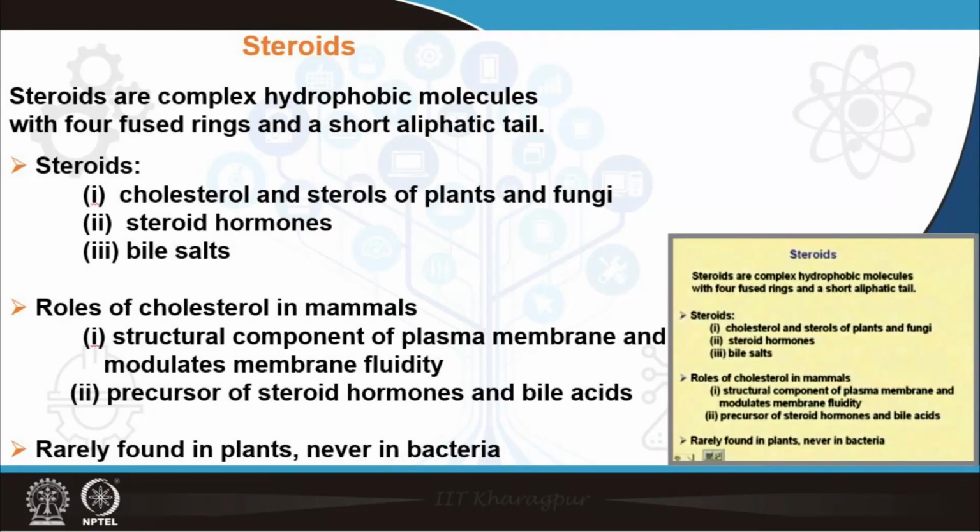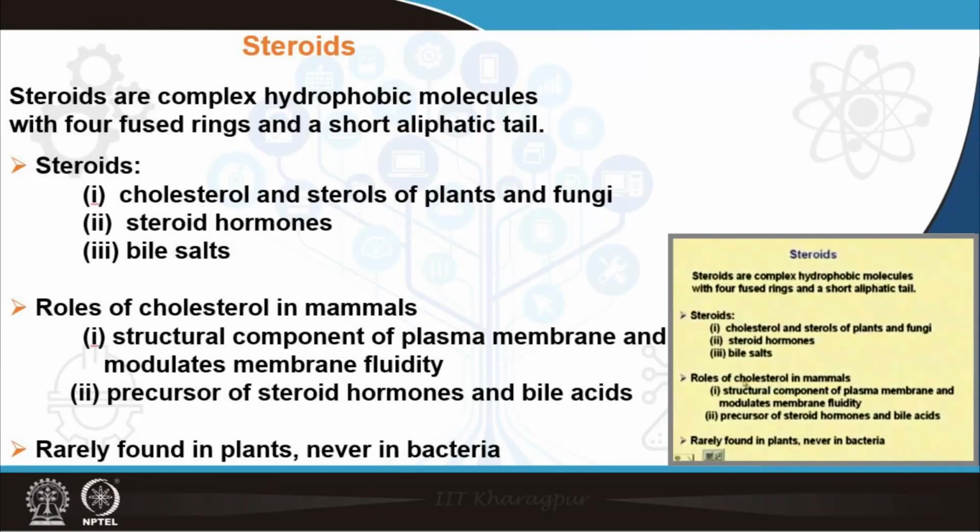We will see how. It also forms a precursor of steroid hormones and bile acids. The bile acids are extremely important for digestion. So, you have to have sufficient cholesterol for the formation of steroid hormones and bile acids.